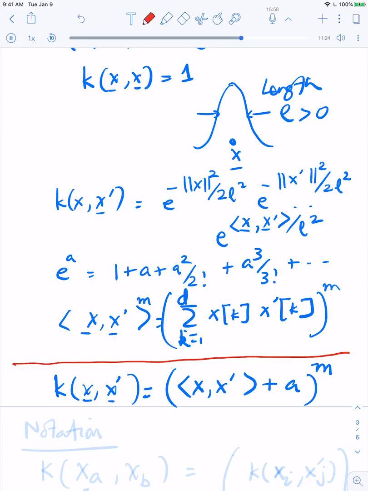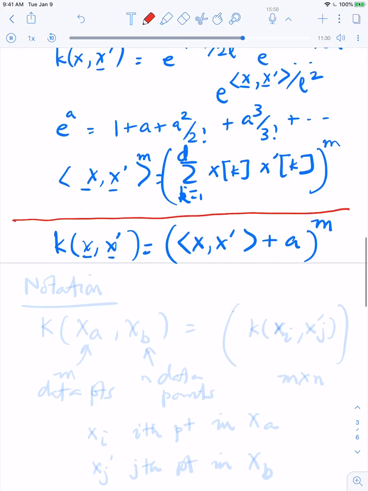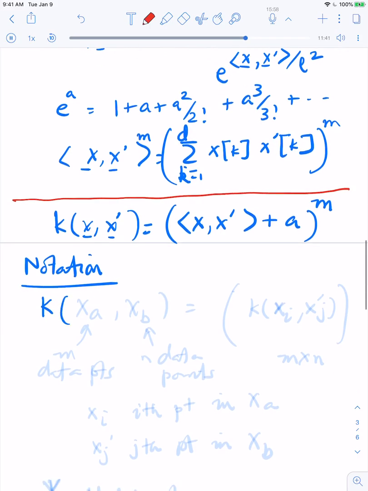We should also introduce some notation. Often you're taking these inner products via this kernel computation of a bunch of different vectors. This is a notation that I have in the notes too: if I'm taking the inner product between two sets of potentially different data points, xA might have m data points, and xB might have n data points.